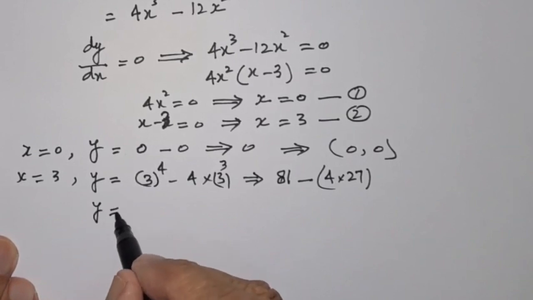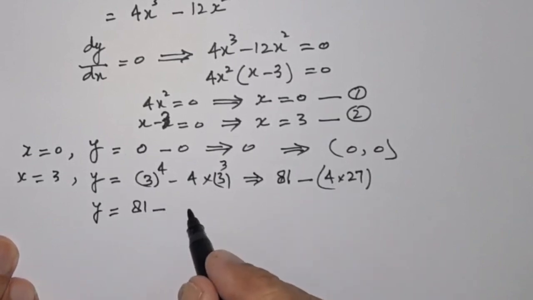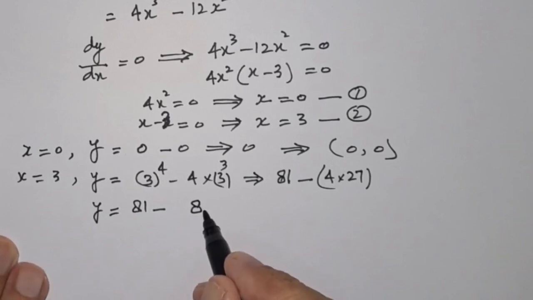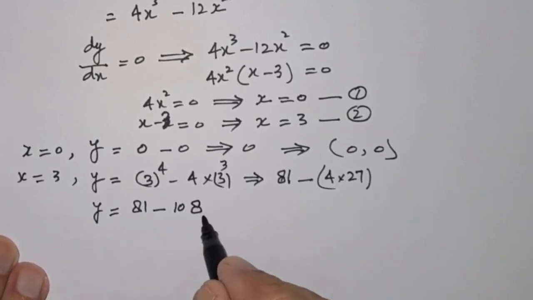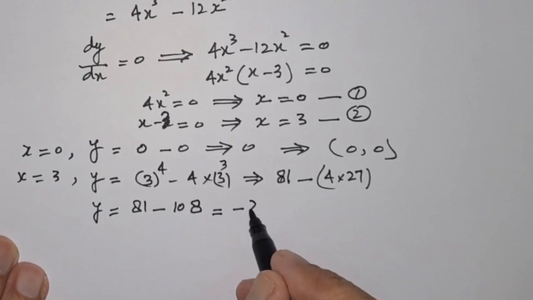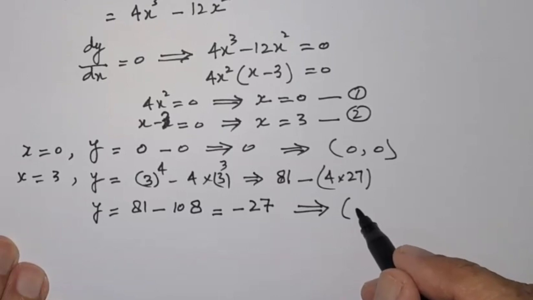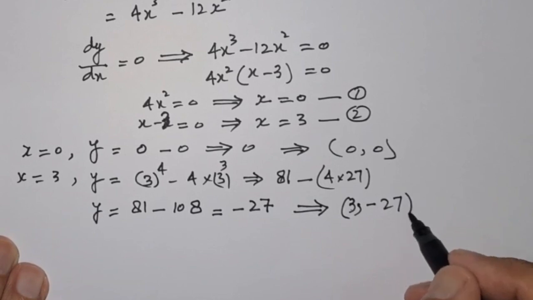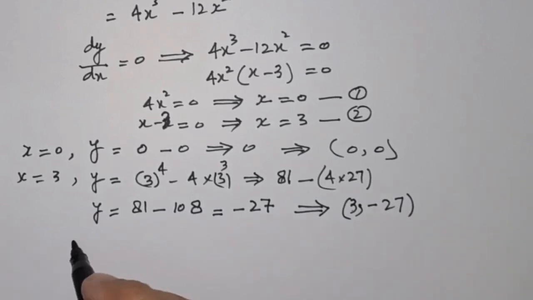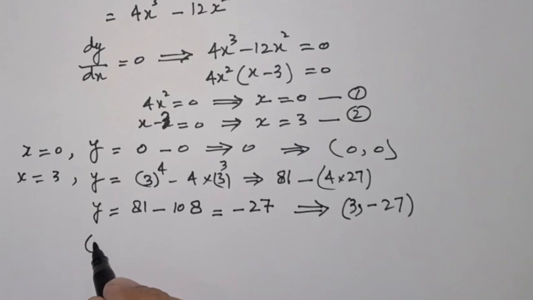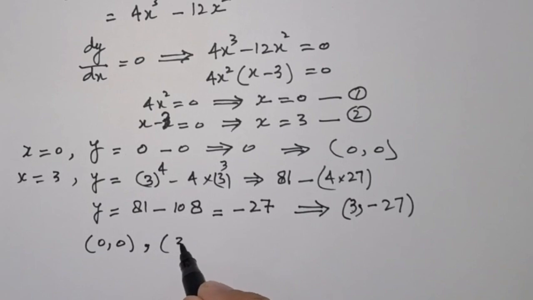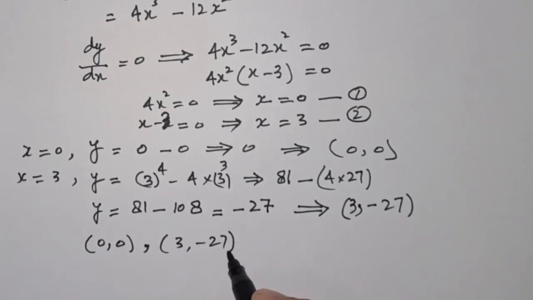That means y is equal to 81 minus 108, and works out to be equal to minus 27. We got the second point: when x is equal to 3, y equal to minus 27. So we got the two stationary points, and we can write down the answer here, (0, 0) and (3, minus 27), and this completes our question number 16.